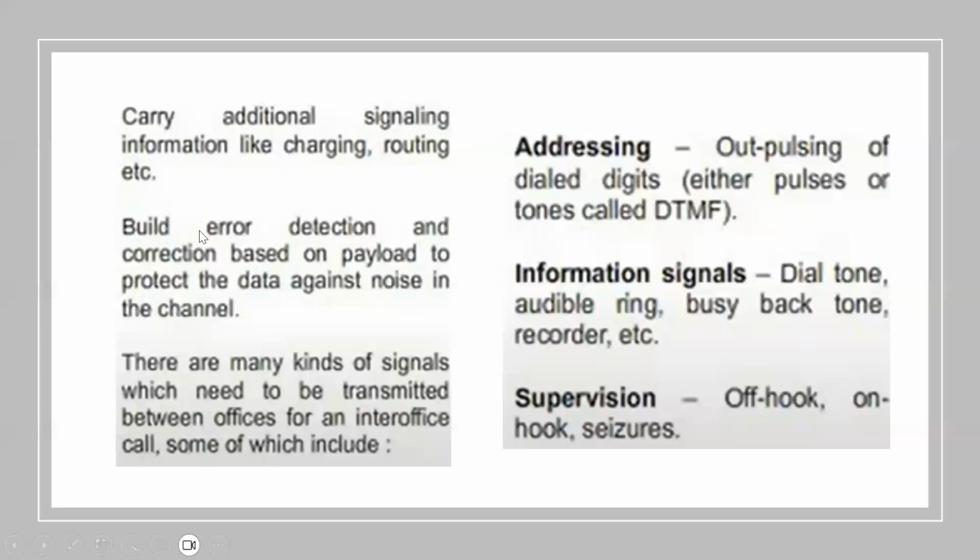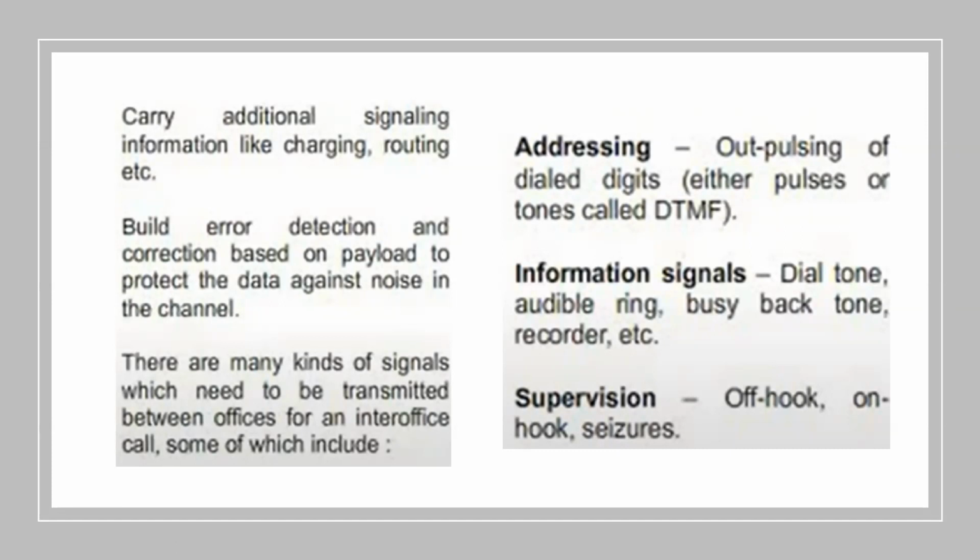Now, in signaling, we need to build in error detection and correction based on the payload to protect the data against noise in the channel. There can be different kinds of noise in the channel, so there should be different types of error detection and error correction methods. Now, what is payload? Payload is the main data. While transmitting data, the main information is known as payload.